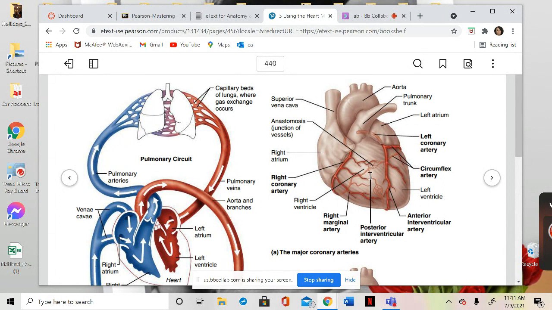The posterior interventricular artery branches also from the right coronary artery, but it's posterior to the interventricular sulcus. The left coronary artery, as I said, branches also from the ascending aorta, posterior to the pulmonary trunk.